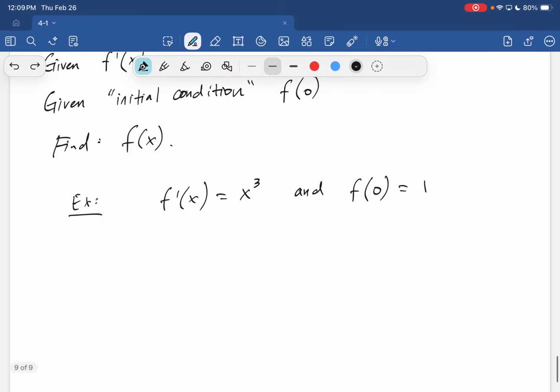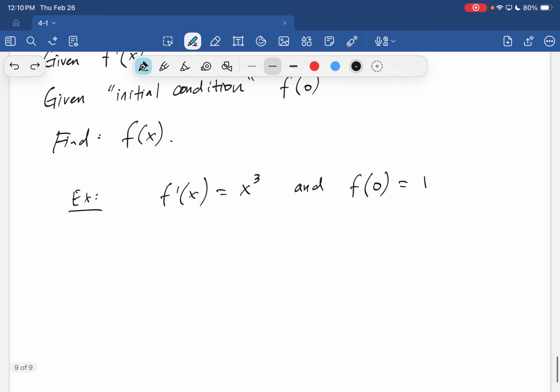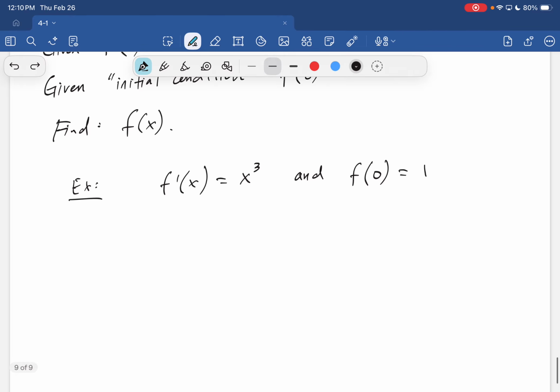So the first thing that, guys, you said you guys were listening. Sorry, I checked out for a second. Now the first thing you want to do is find the general form of f of x. So you want to find f of x with some kind of plus c. And we know how to do that, right? f of x is going to equal the integral of f prime of x. And so all we need to do is integrate x cubed to find f of x.